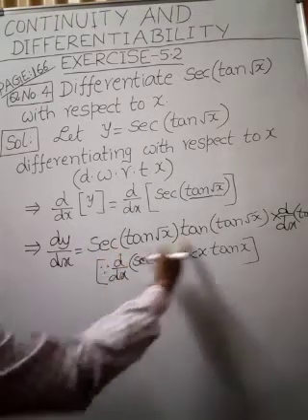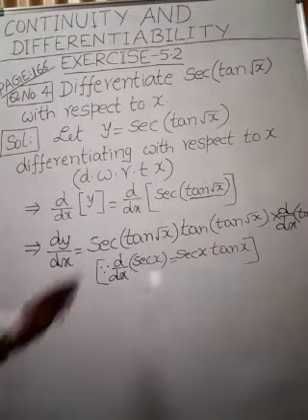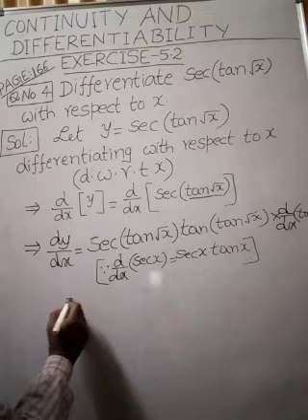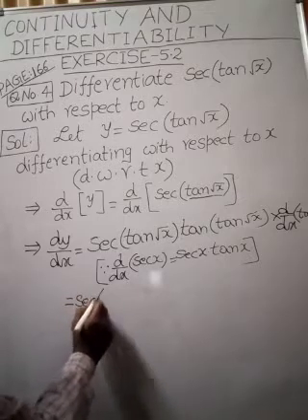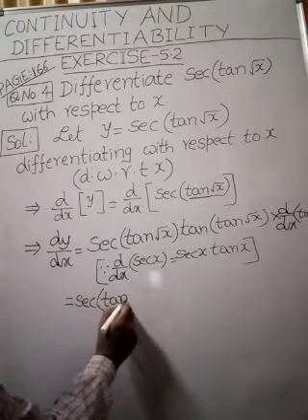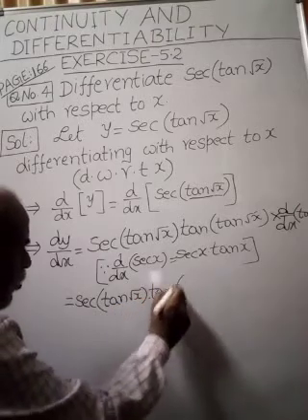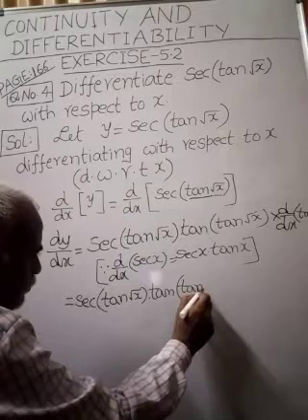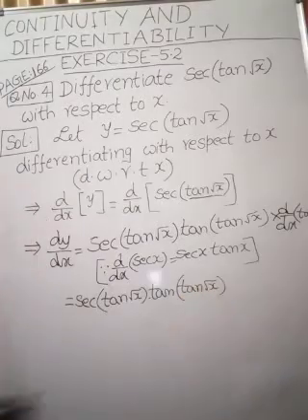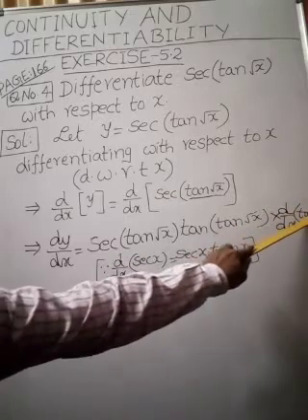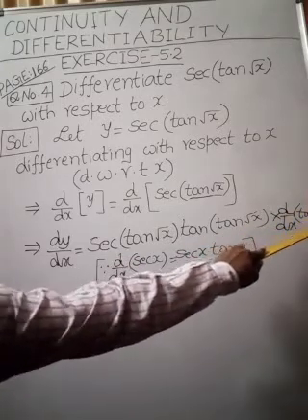Now we write this part as it is, because that part is over. So secant of tan root x into tan of tan root x. And again come to this differentiation, d by dx of tan root x.